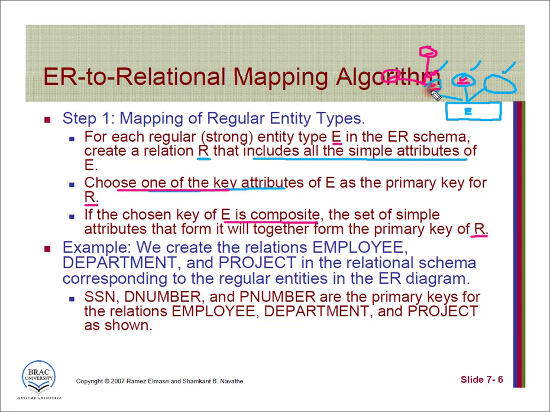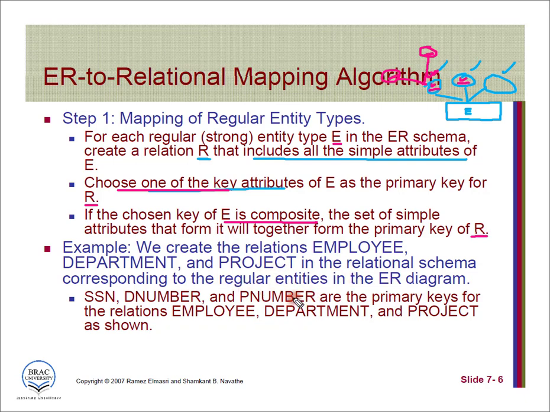So if the unique attribute is a composite attribute, when converting this entity into its corresponding relation, we will make both of these the primary key. That's the rule. So here's some example. You can create the relations employee, department and project in the relational schema, which are strong entities in the previous ER diagram.